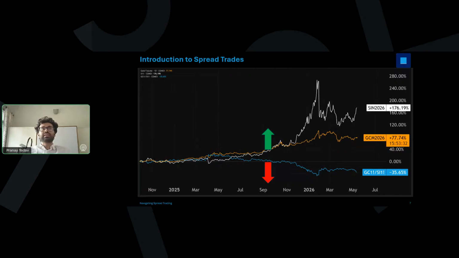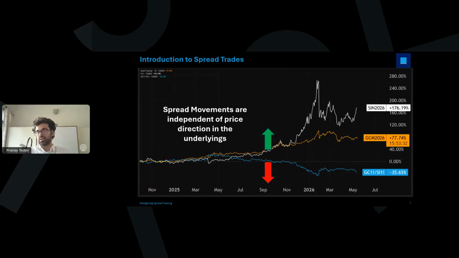Now, one of the key factors that I want to highlight, and that you can also see on screen here, is that spread movements are actually independent of the price directions in the underlying. What does that mean? That just means one thing. What we can clearly see on screen here is that both gold prices and silver prices have actually gone up considerably over the past 2 years.